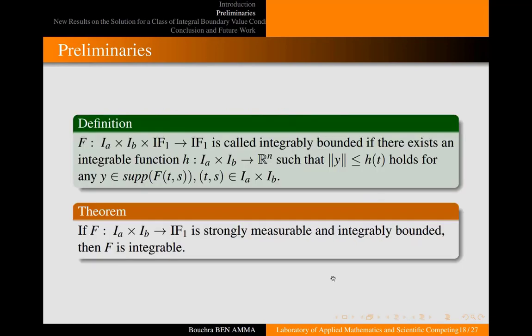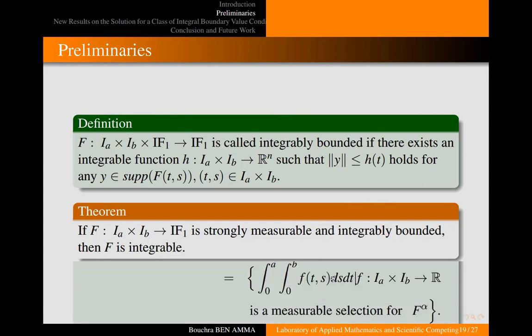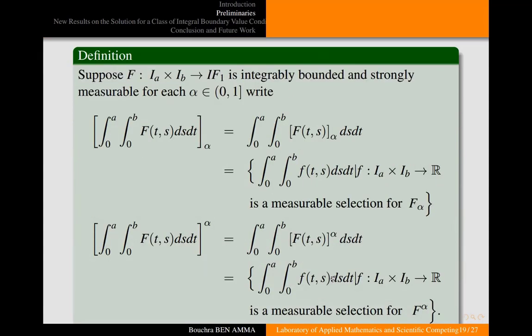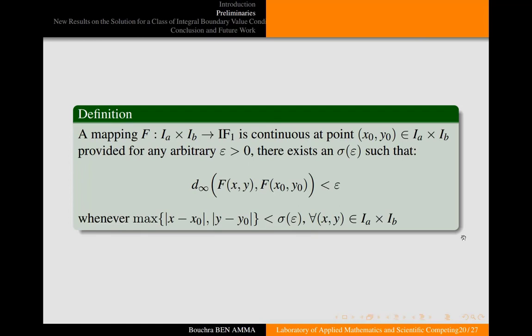Here is a definition of an integrably bounded function, and if we have a strongly measurable and integrably bounded function, it is automatically integrable. And here is a definition of the lower and upper alpha cut of the double integral of an intuitionistic fuzzy function in I of 1, defined by these expansions. Here is a definition of a continuous function at a point x0, y0 if it satisfies these conditions.